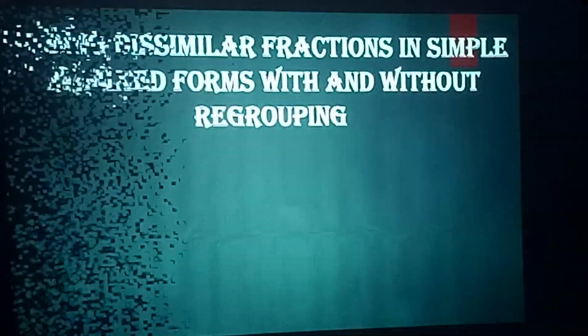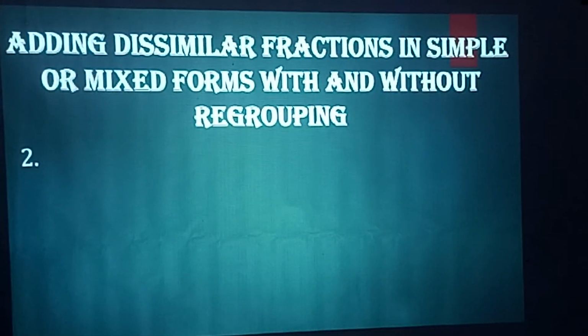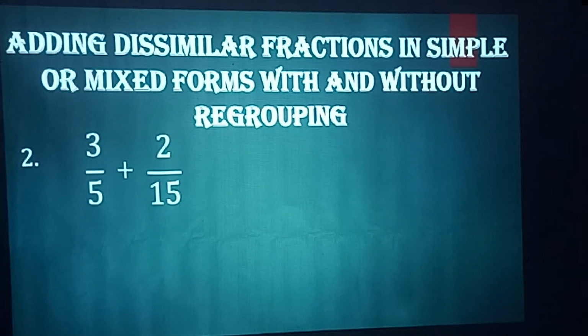Okay, next. Three-fifths plus 2 over 15. So this time they are both simple fractions. Okay, let me get first the least common multiple of 5 and 15 to be able to get the LCD or the least common denominator. And the multiples of 5 and 15.